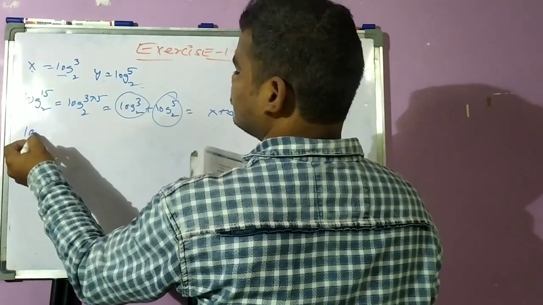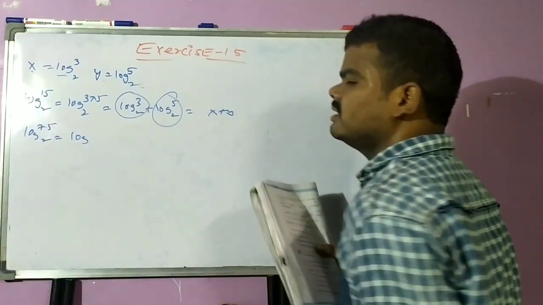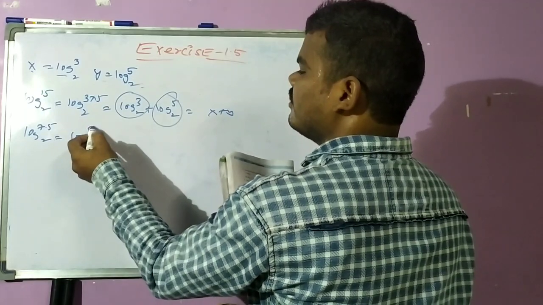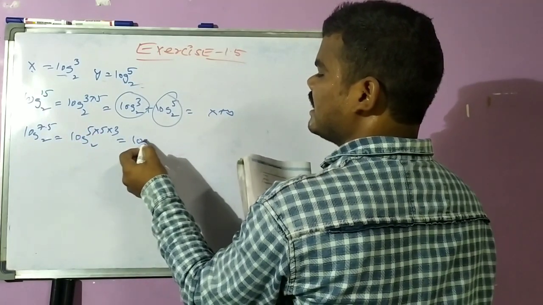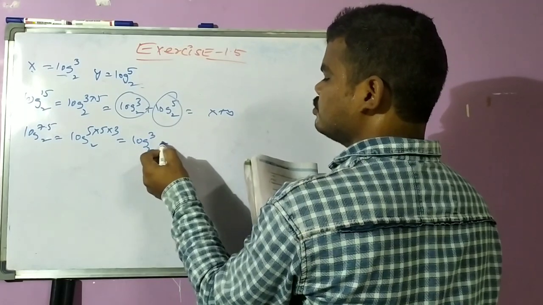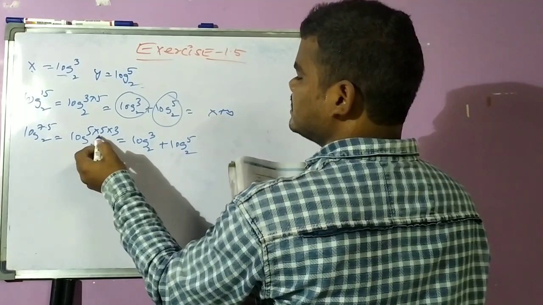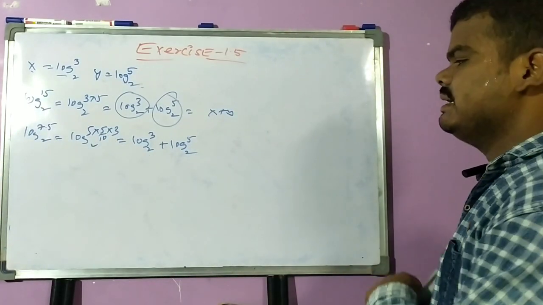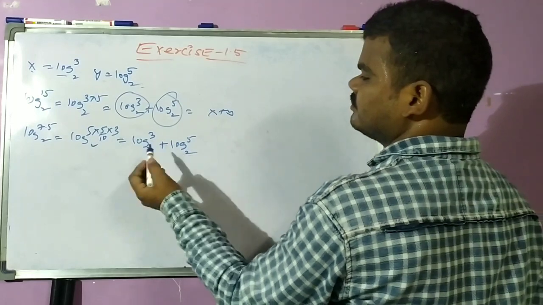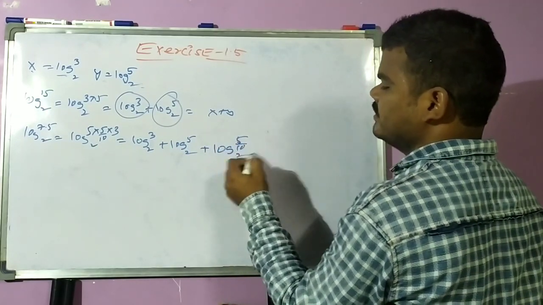Logarithm of 7.5 to base 2. Logarithm of 7.5 can be written as 5 into 3 by 10 to base 2: logarithm of 3 to base 2 plus logarithm of 5 to base 2, and here it is 5 by 10 because 7.5 is there, so plus logarithm of 5 by 10 to base 2.